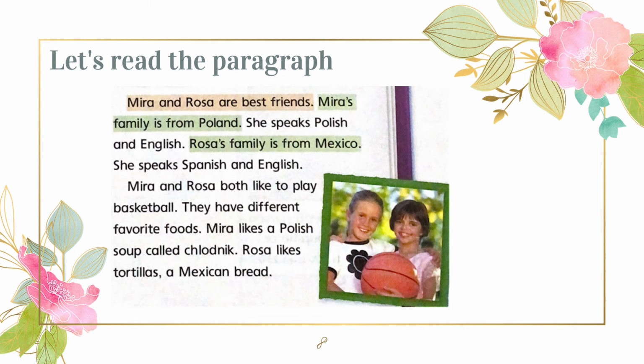So when we are comparing both of them, we can say that they both like basketball and they both speak English. But when we are contrasting them, then we can say that Mira likes Klotnik and speaks Polish, whereas Rosa speaks Spanish and likes tortillas. So that's what we are going to say when we are contrasting both of them.